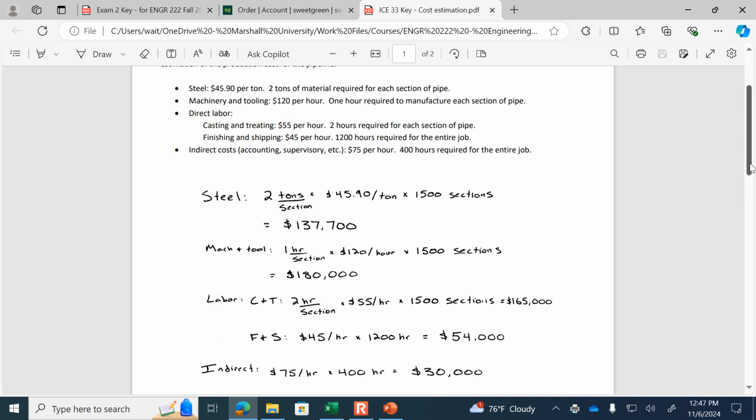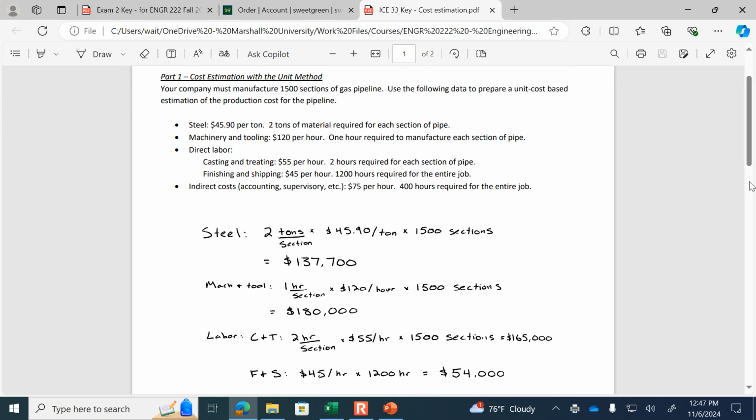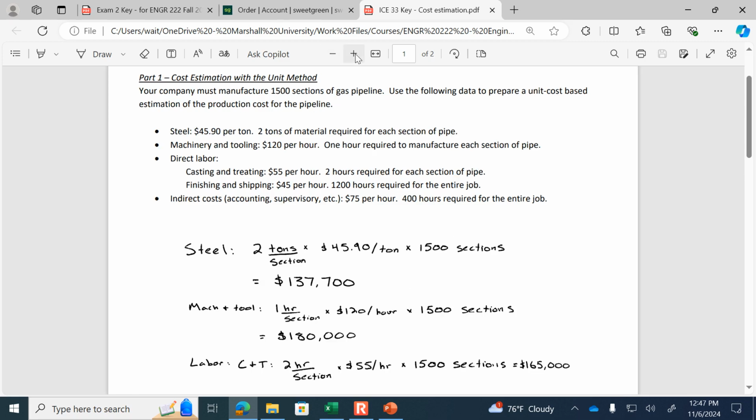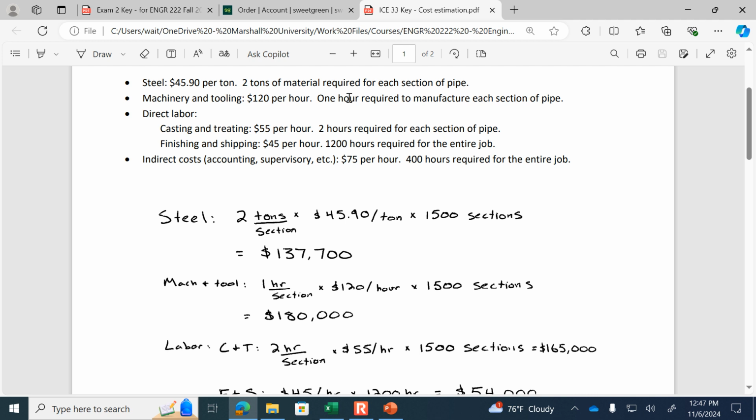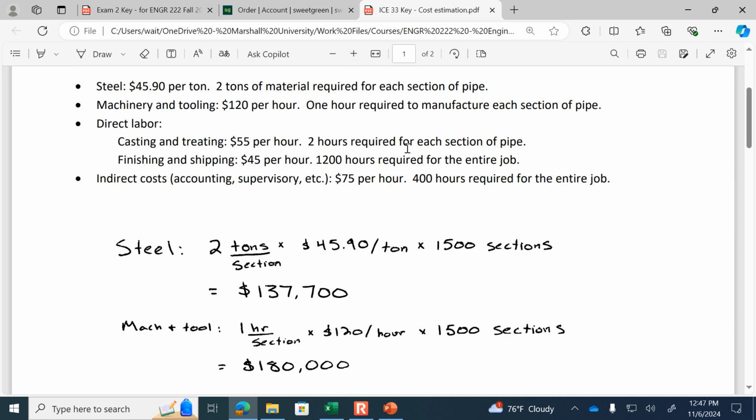Okay, so if we use the unit method to find out how much this gas pipeline is going to cost, then it looks like the steel is $137,000. The machine and tooling, $180,000.